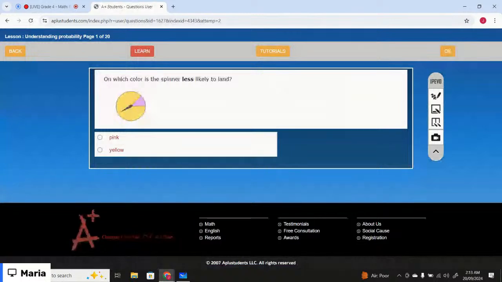On which color is the spinner less likely to land? Which is the correct option?